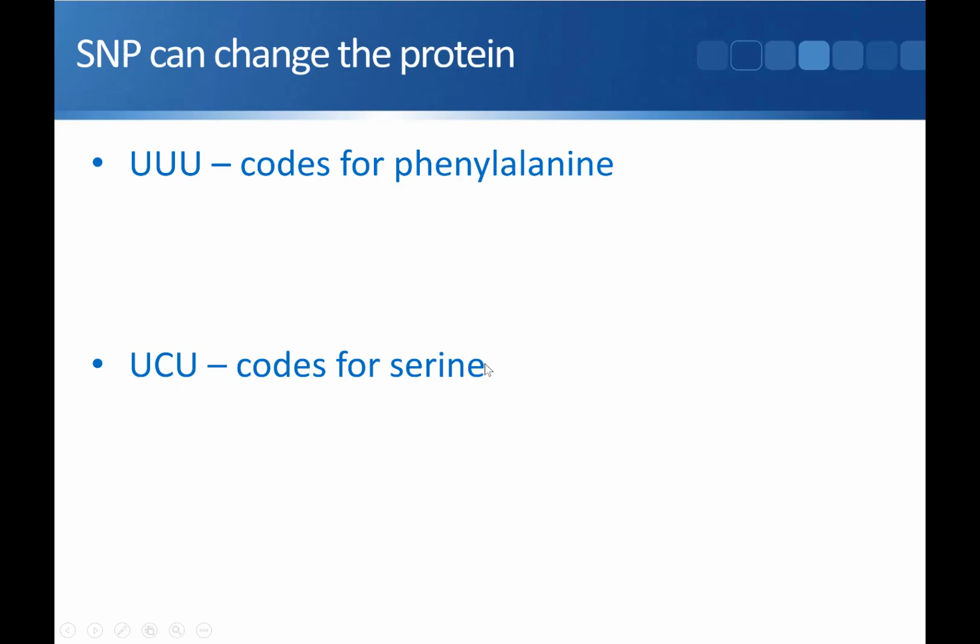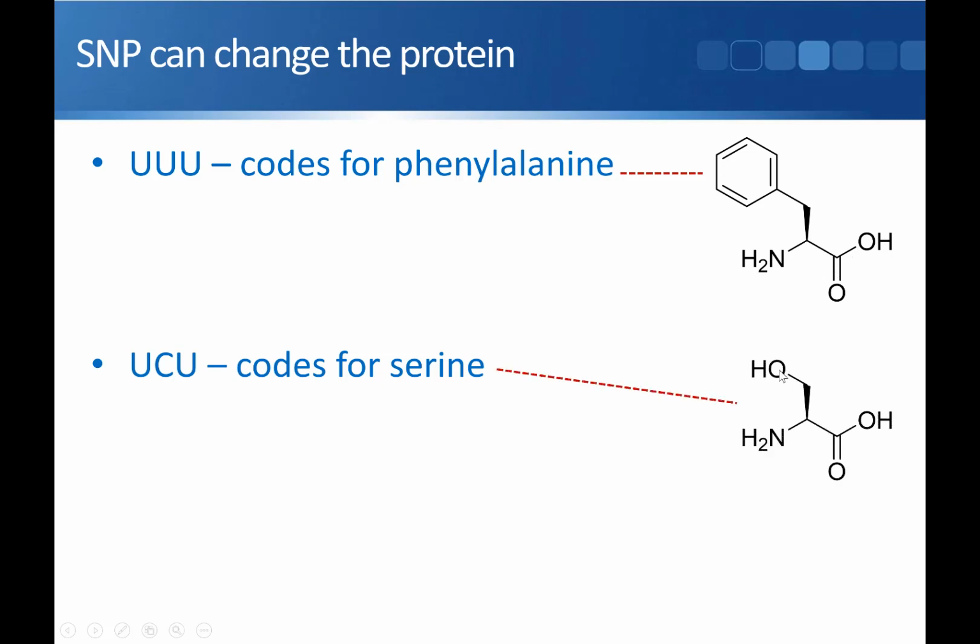That means the structure of the protein is going to change quite profoundly. If you look at the structure of phenylalanine, the side chain is just a benzene ring attached via a methylene to the peptide chain, whereas serine has this hydroxyl functional group.